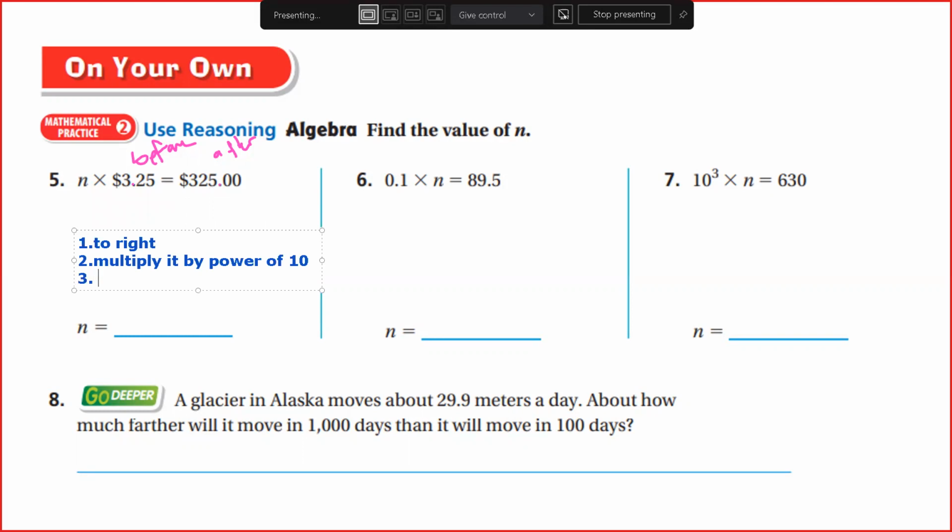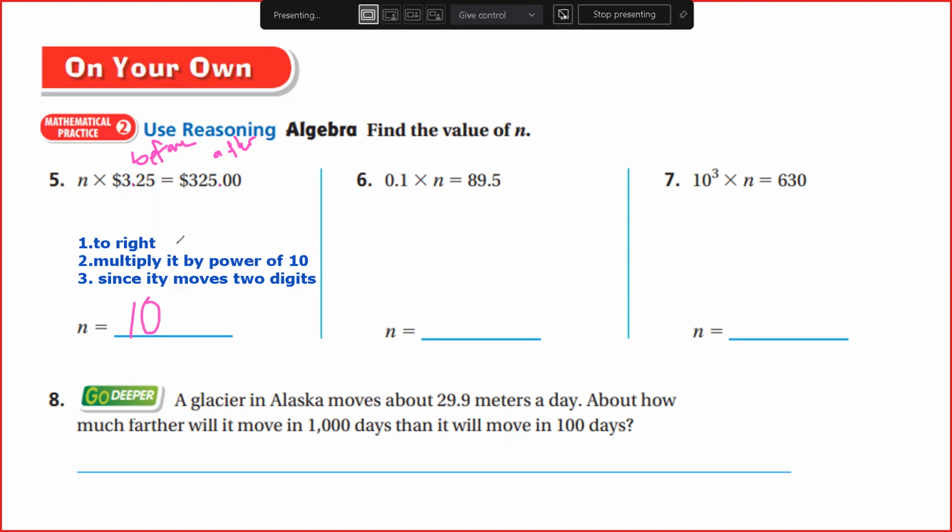Since it moves 2 digits, so what does it mean? I told you now, it's going to be a power of 10. So it could be 10, 100, 1000, and so on.